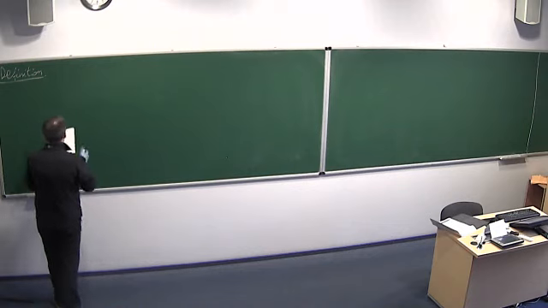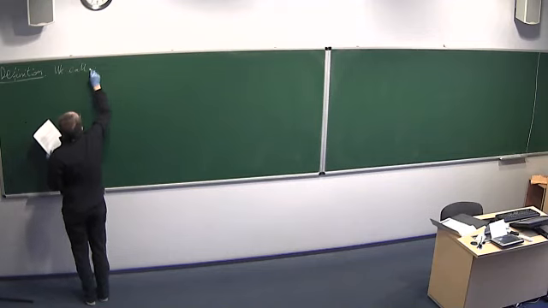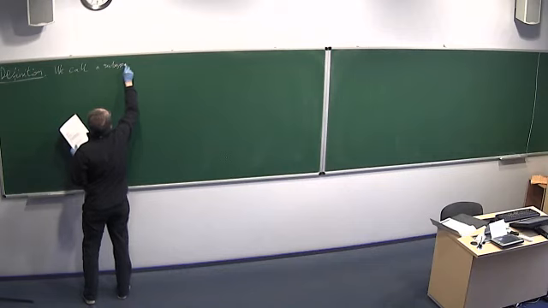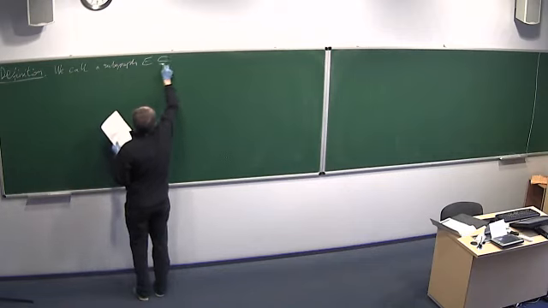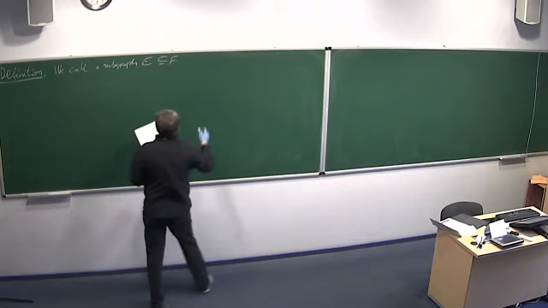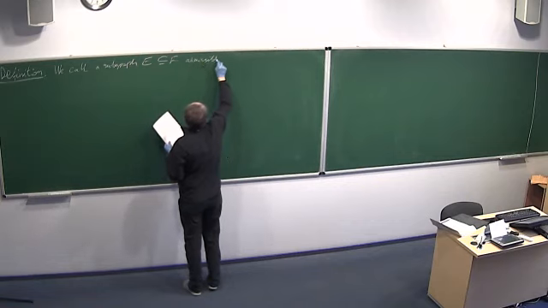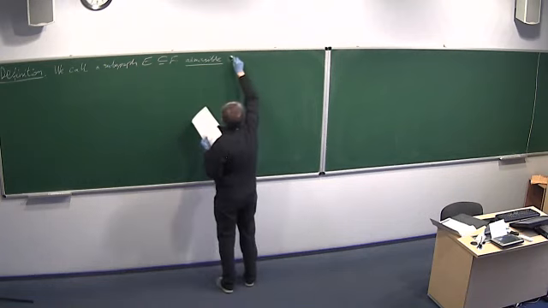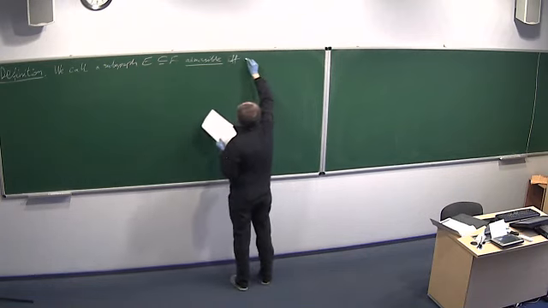Okay, so we call a subgraph E inside F admissible whenever it satisfies the following 2 conditions.